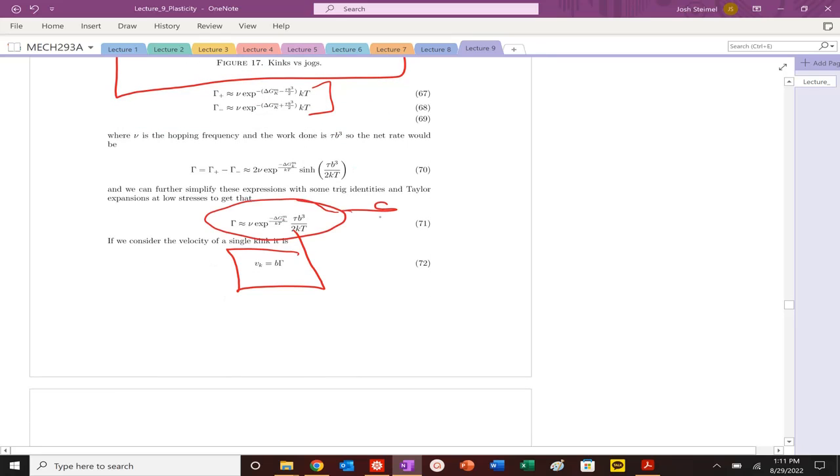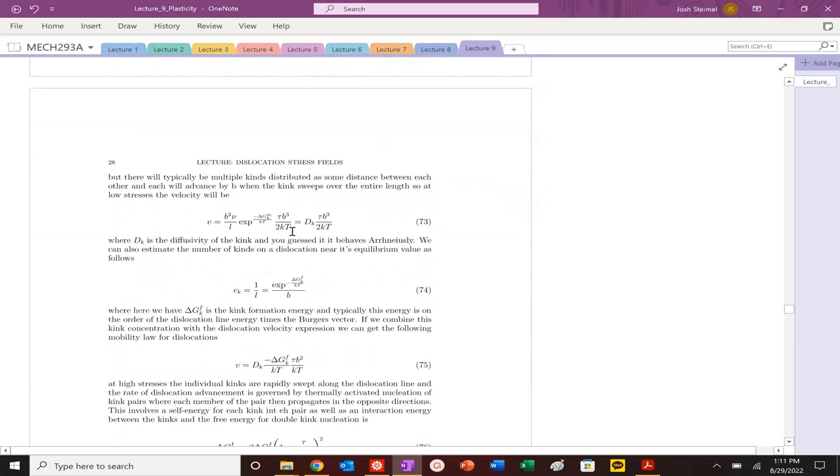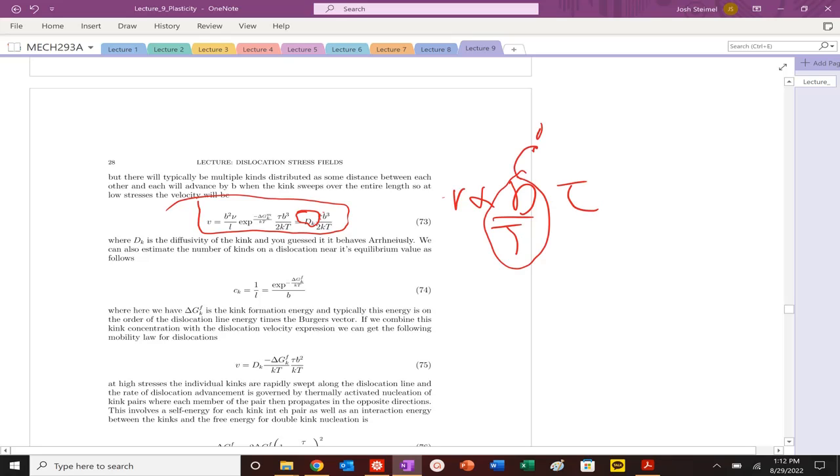There's going to be some velocity to the motion of the kinks that depends on the hopping factor, and you see an Arrhenius process yet again appear. You'll see that this has a very similar form at the end. Again, this is a lot of math, but the key thing is our velocity is proportional to our diffusivity D times our resolved shear stress tau, over T. That D over T is a very common phenomenon.